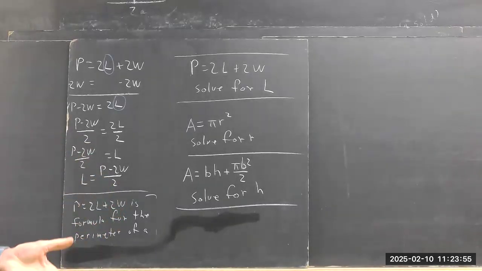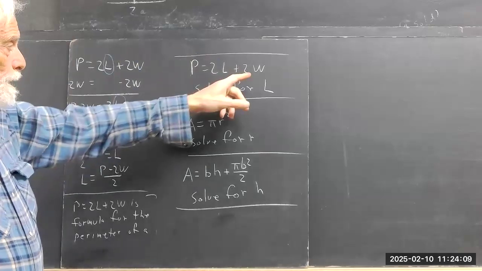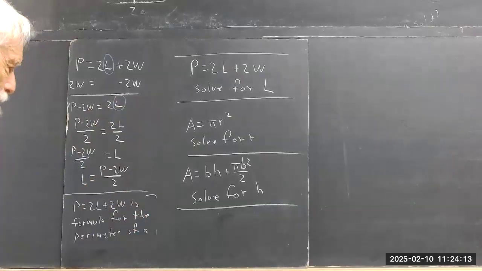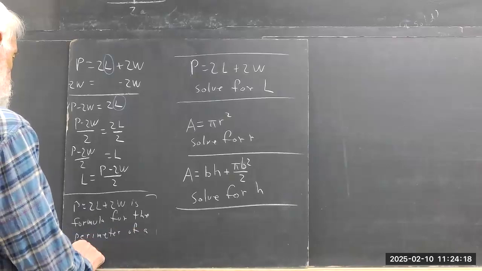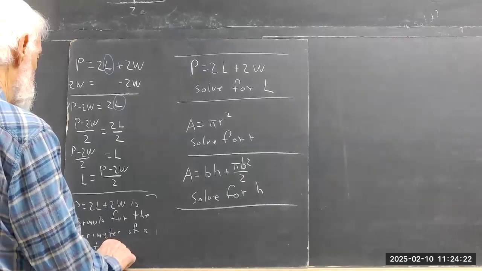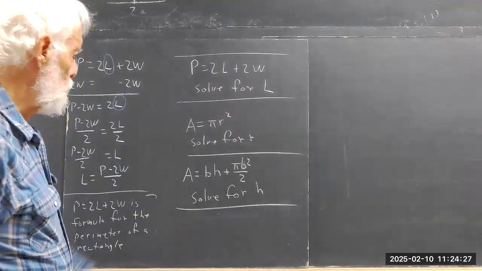Or sorry, what do we use for a parallelogram? For the area, we use base and height. We might use 2L and 2W, but the problem in the parallelogram is that W is the width. If things are at an angle, you don't call it a width. So let's not be confused by that. Let's just say this is the perimeter of a rectangle. It'll also work for parallelograms, as long as you don't call that a width.